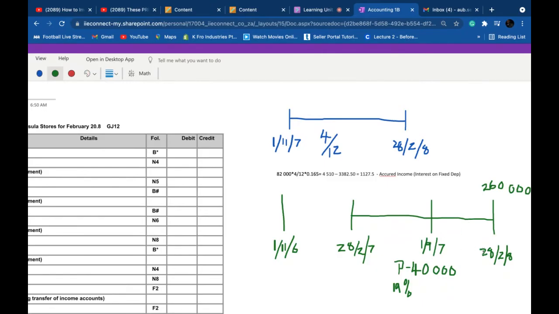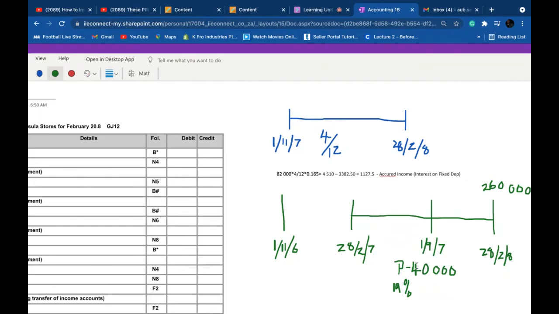If what we have is 260 on the 28th of Feb 2008, then what was the balance on 1 September 2007? If we paid 40,000 here, and therefore our balance is now 260 here, what was the balance before we made this payment?